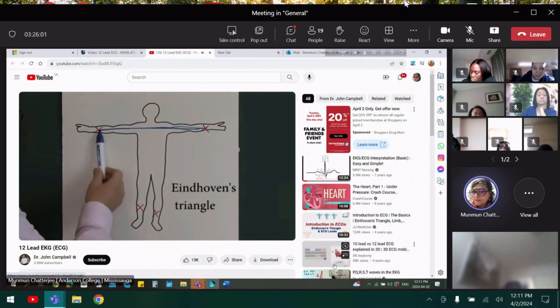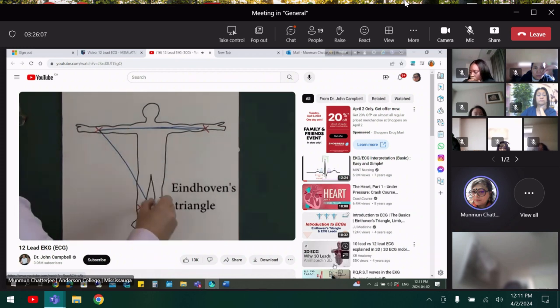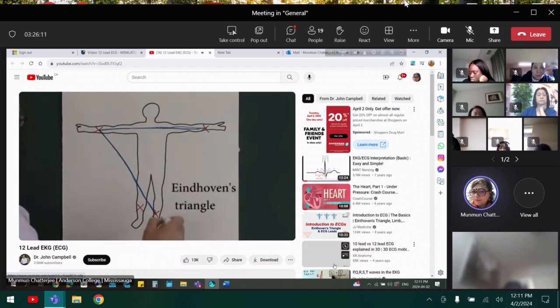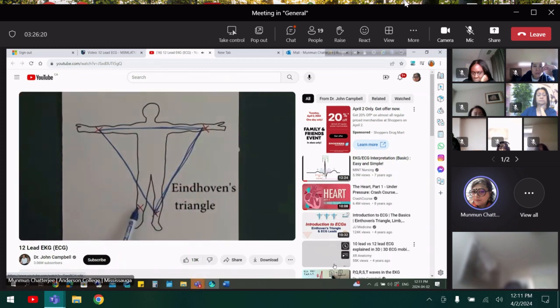There's another line going from here down to the left leg, down to the foot, which is there like this. And there's another imaginary line of the triangle going up here to the left arm. And as you'll notice, the right leg is ignored altogether.